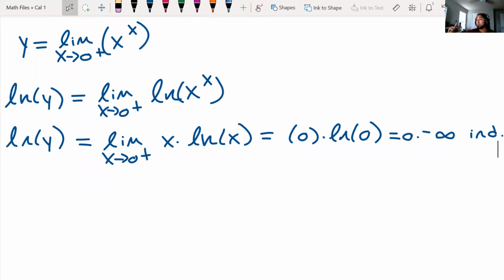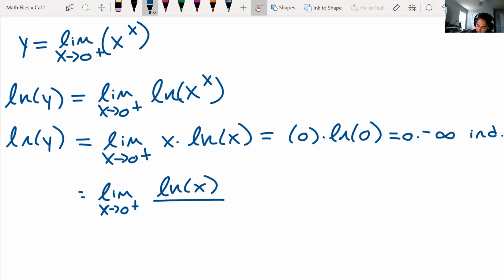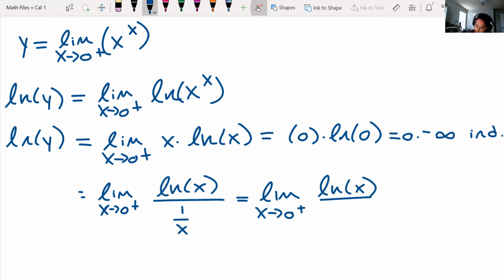So we rewrite as a quotient. That means that we'll get the limit as x approaches 0 from the right. And again, never put the natural log in the denominator. So we'll have natural log x over 1 over x, which then becomes the limit as x approaches 0 from the right of natural log x over x to the negative 1.